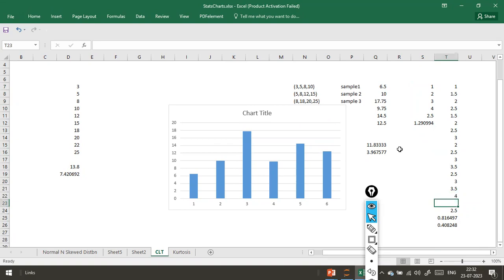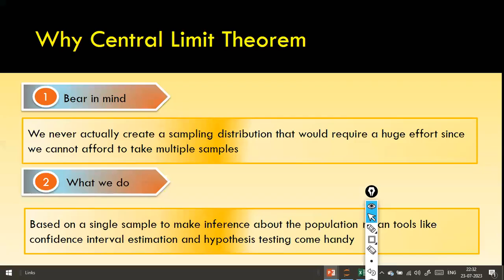Do you think it is practically possible in a real-time scenario? Do you think in the population we have only 4 values? No, right? In the population, we have a huge volume of data. You cannot draw all possible combinations of samples from your population.